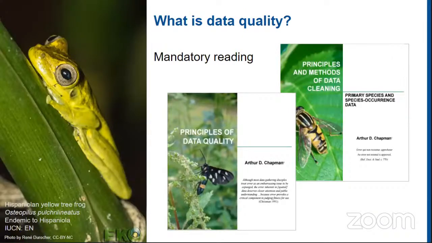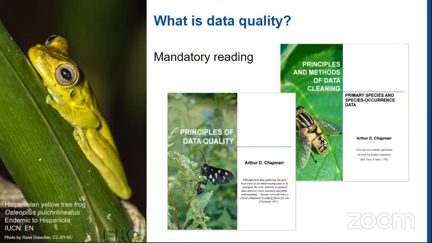So two mandatory readings, I would say, are these two books by Arthur Chapman. One is Principles of Data Quality, and the other one is Principles and Methods of Data Cleaning. It's very important for someone dealing with data quality to read these materials.